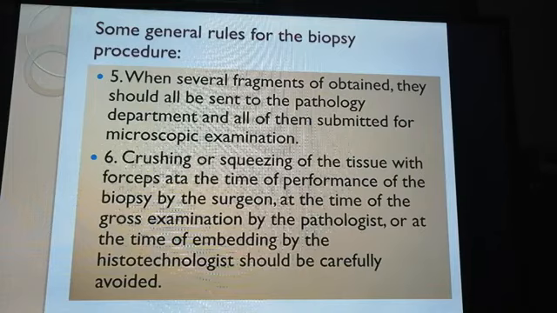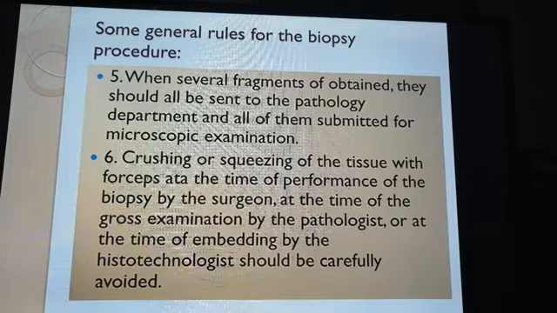Number five, when several fragments are obtained, they should all be sent to the pathology department and all of them submitted for microscopic examination.